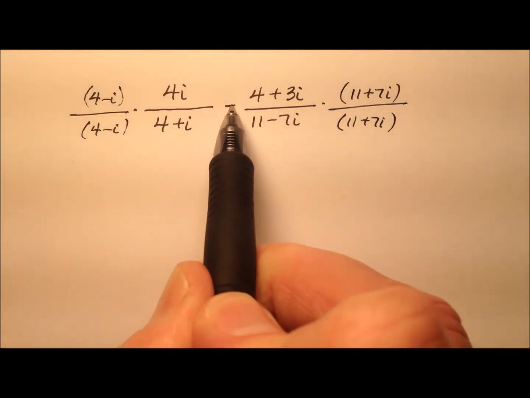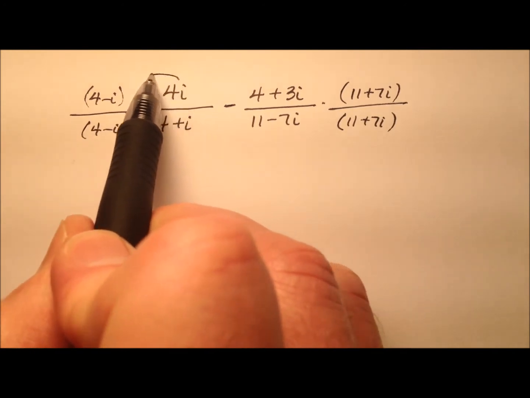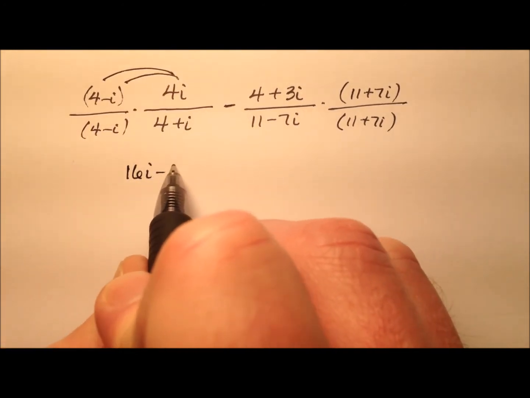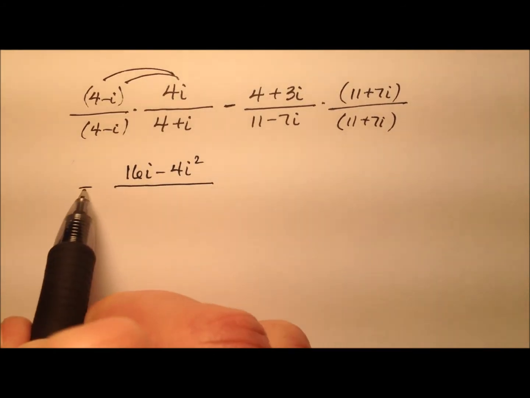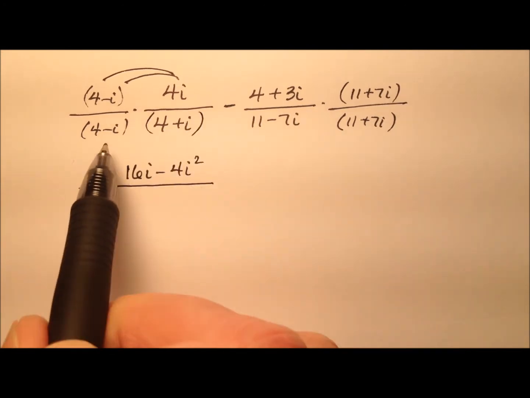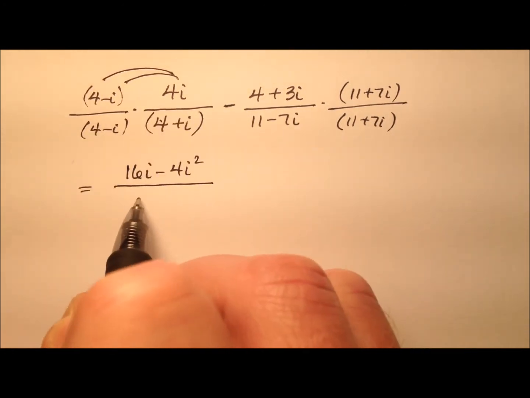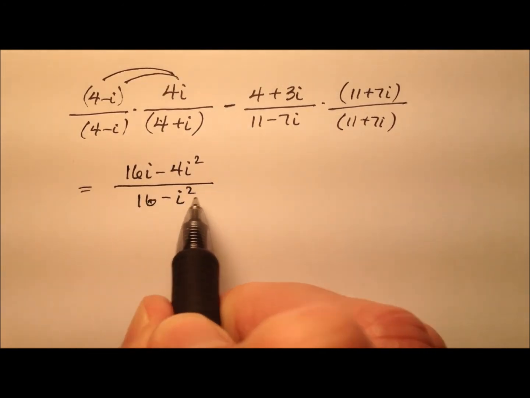Okay? So in the first situation here, I have this 4i, which is going to get distributed. So I'll have 16i minus 4i squared. And that's over this denominator, which is the product of these two complex conjugates. So it'll be 4 times 4, which is 16, minus i squared.